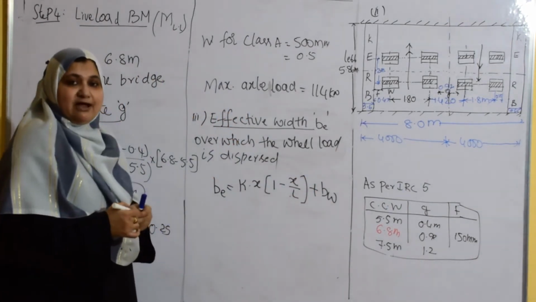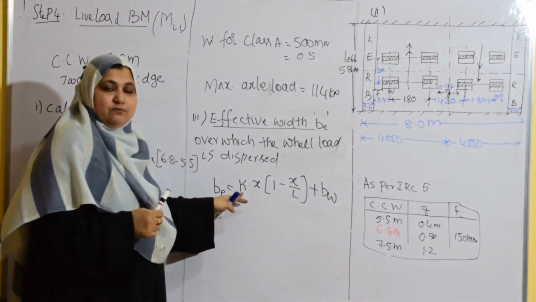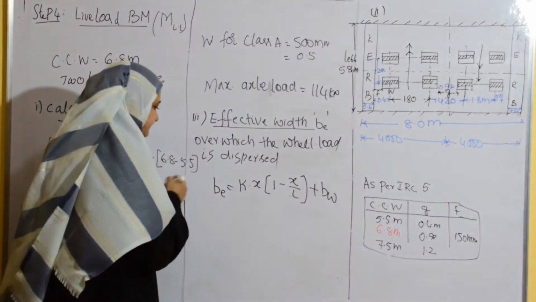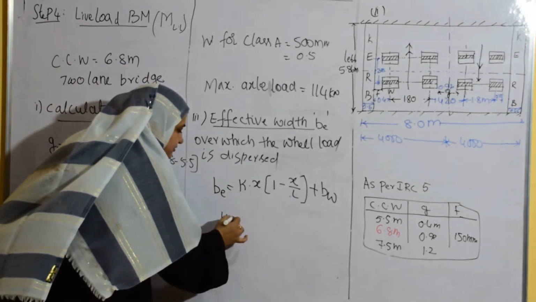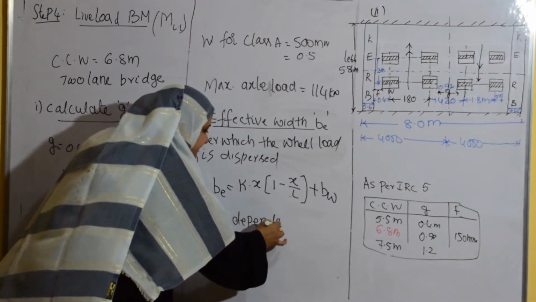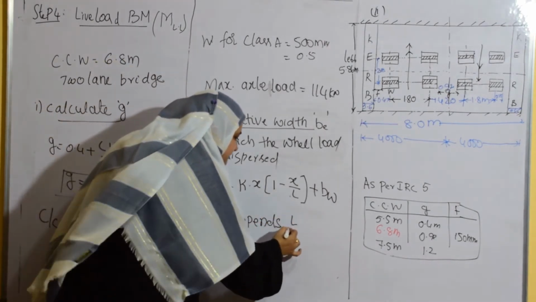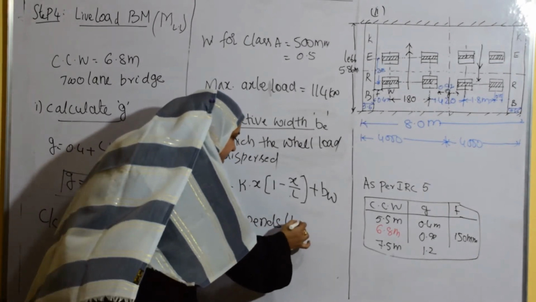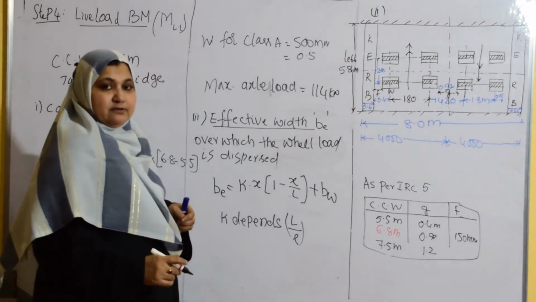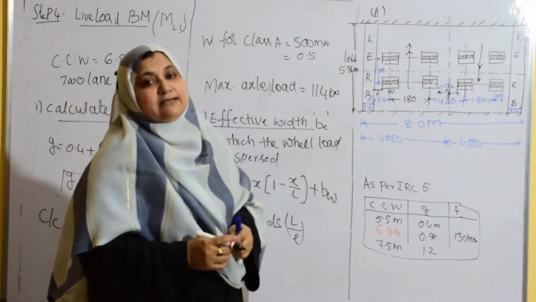So many terms we have to understand now. First is K. What is K? K is a value which depends on, if you have IRC 5, you can see that K depends upon L by small l. There is a table where one column is L by l values, and the other gives the K value.